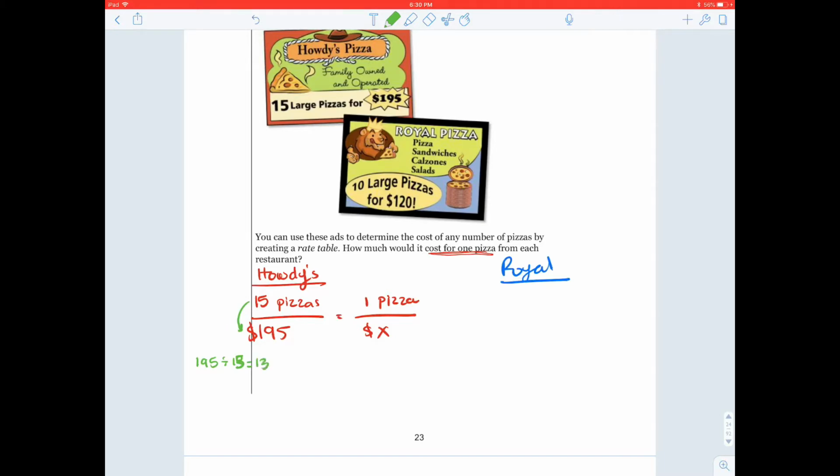So 195 divided by 15 is 13. So I'm going to multiply this side by 13. Therefore, I need to multiply this times 13, and that gives me X is equal to $13. So $13 for one pizza from Howdy's, of course.